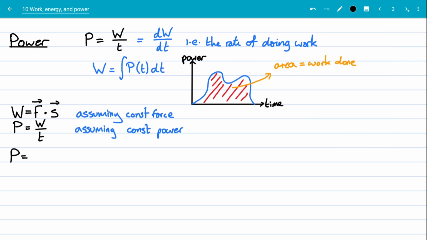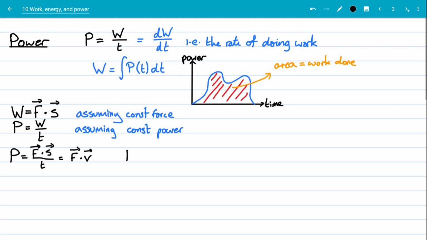Power is going to equal force multiplied by displacement divided by time. What is the displacement divided by the time? That is the velocity. So you end up with force multiplied by velocity. And usually this is just written as P equals FV. But yeah, you should have various other symbols there as well.